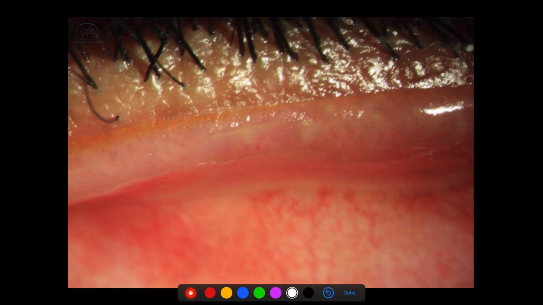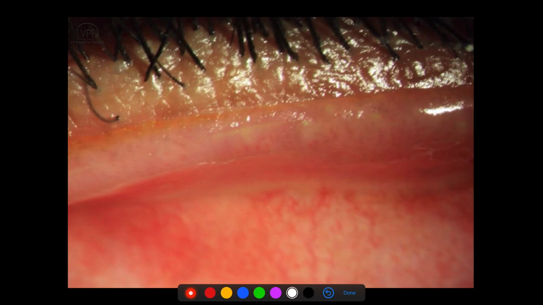What we have done here is that we have replaced the keratinized mucosa or the keratinized conjunctiva by a smooth non-keratinized epithelium harvested or obtained from the labial mucosa, the oral lip mucosa.